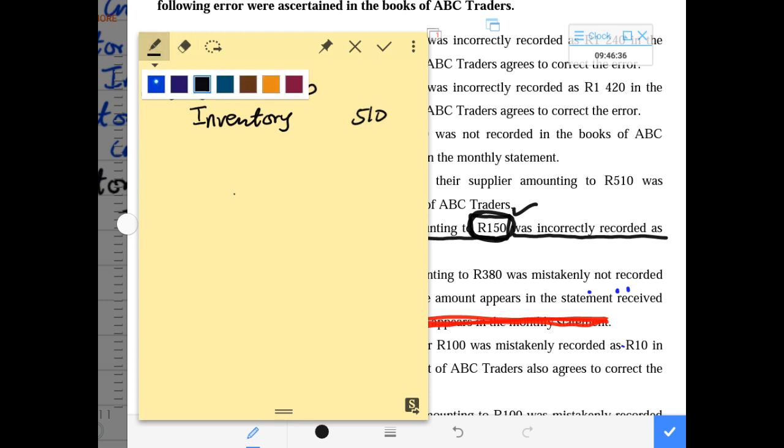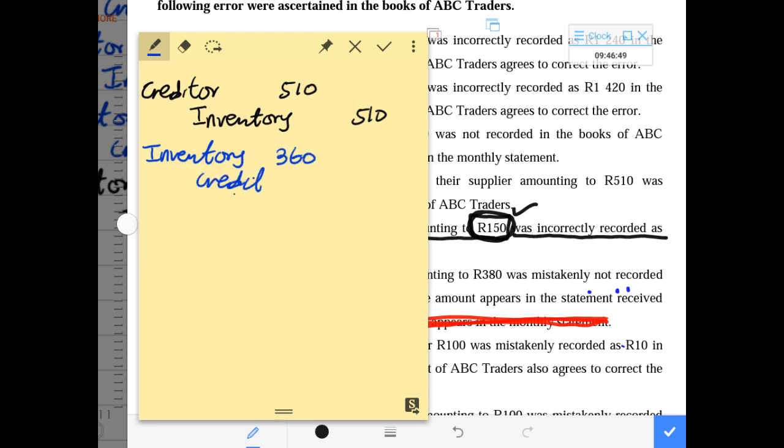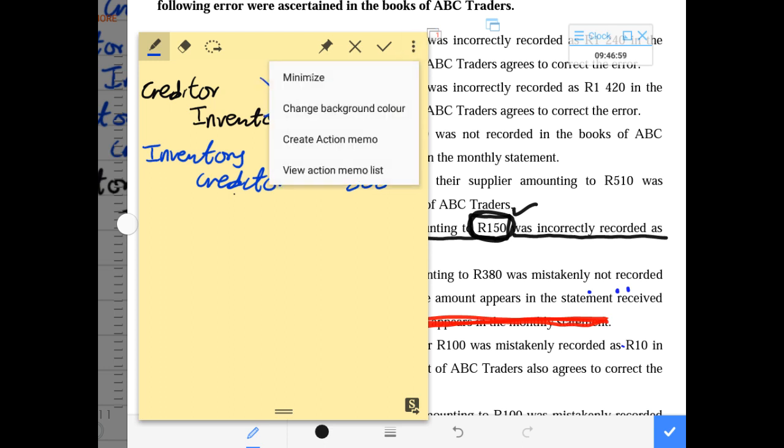So that means the right amount now will have to increase our inventory because it was over decreased. So we have to say debit inventory by 360, and we credit our creditor by the same amount of 360. So now this will be the correct entry. This is the mistake they have done, and we are correcting it here.